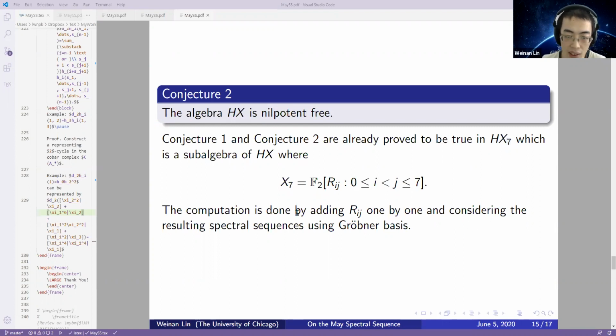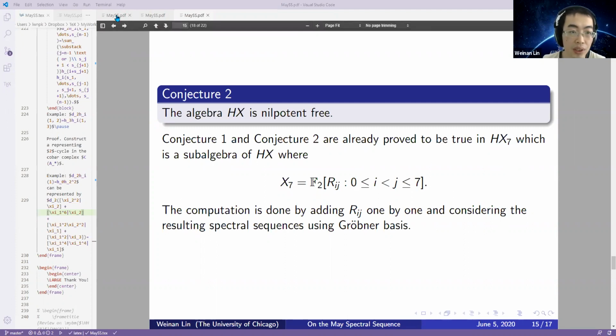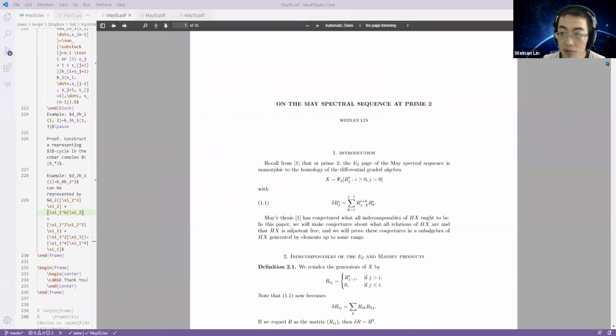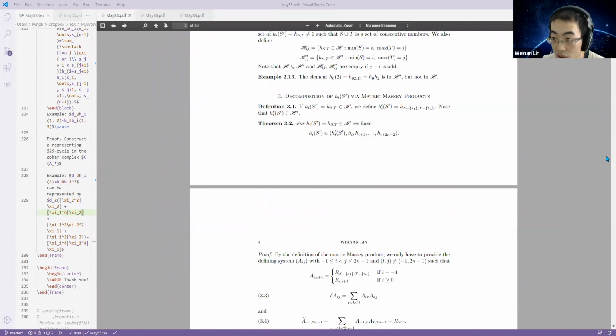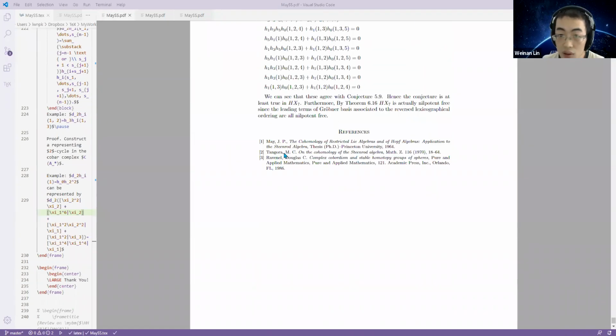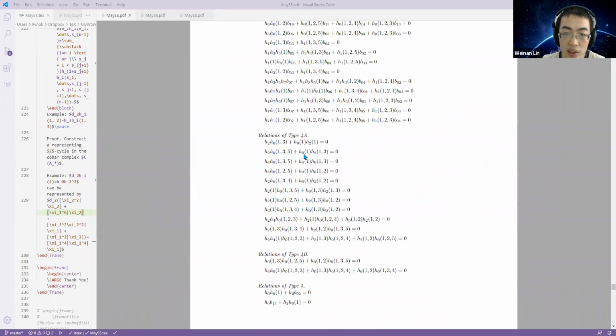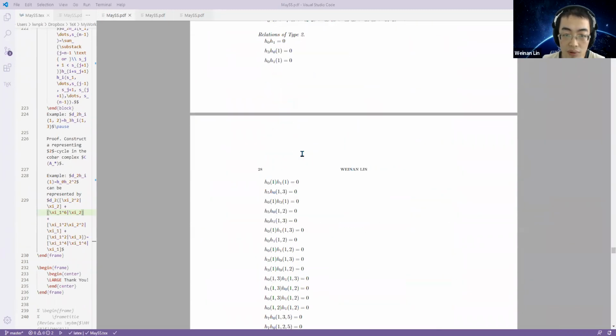Okay, and I used the global basis to do this computation. I've determined the cohomology of X7 completely. For people who are curious, it looks like this.